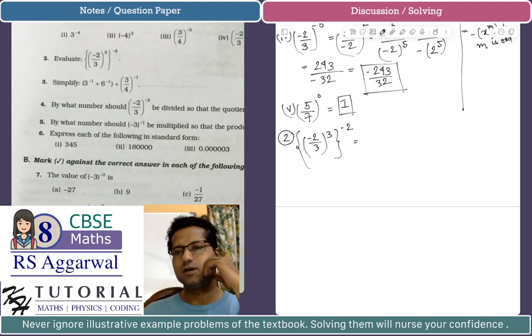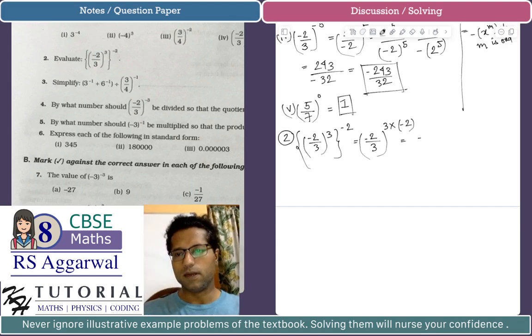The result will be the base, which is minus 2 by 3, raised to the power, the product of all the powers, that is 3 multiplied by minus 2. This is equal to minus 2 by 3 raised to the power minus 6.